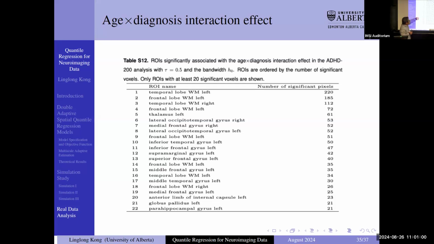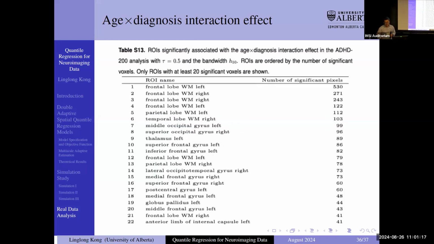This is from the initial estimate, and those are the important voxels we identified. As you can see, the regions are very small; only the top three have more than 100 voxels. While using our method, we can identify bigger regions with more voxels, more regions of interest than the previous one.